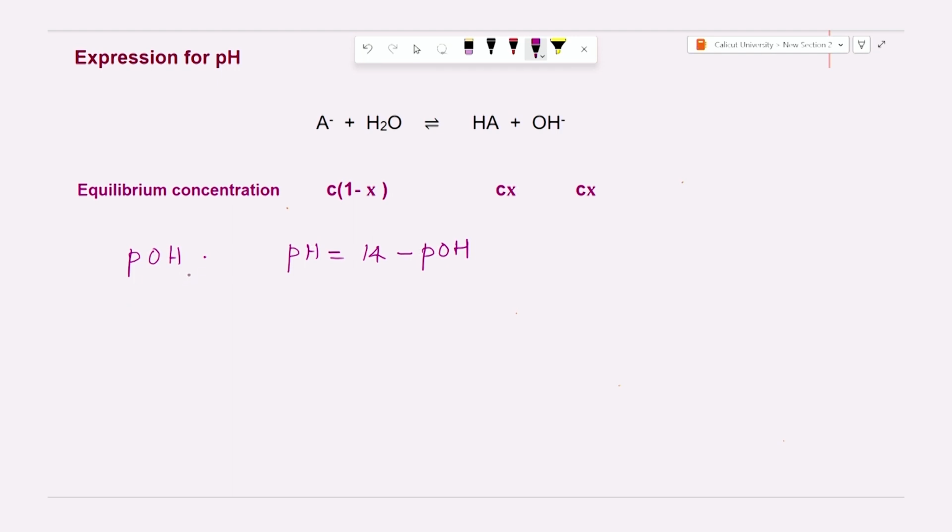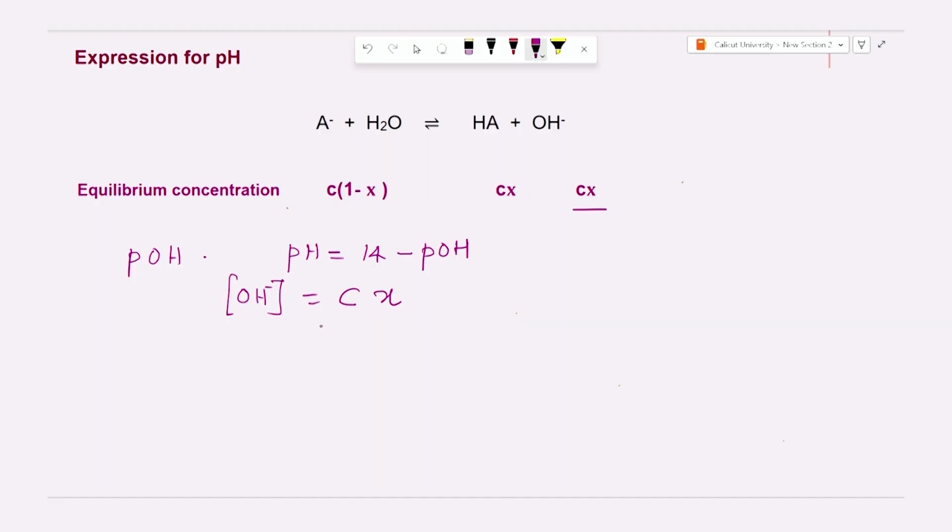So, to find pOH, we require the concentration of OH minus ions, and from that you can see that it is equal to C into x, where x is the degree of hydrolysis. The degree of hydrolysis is written as square root of Kw divided by C into Ka.